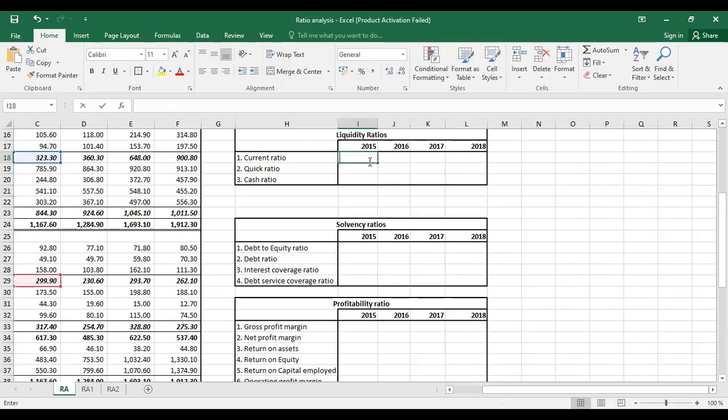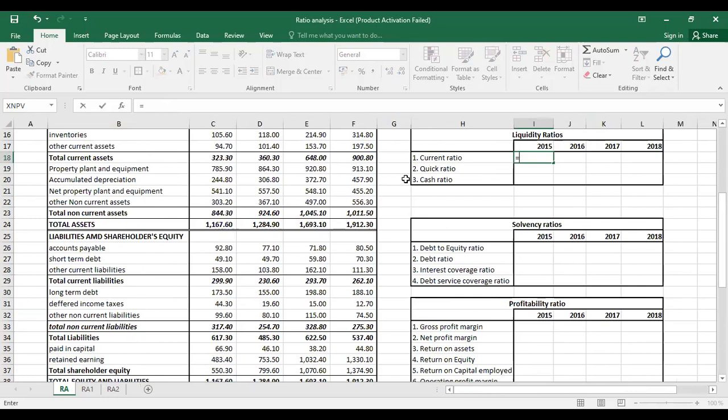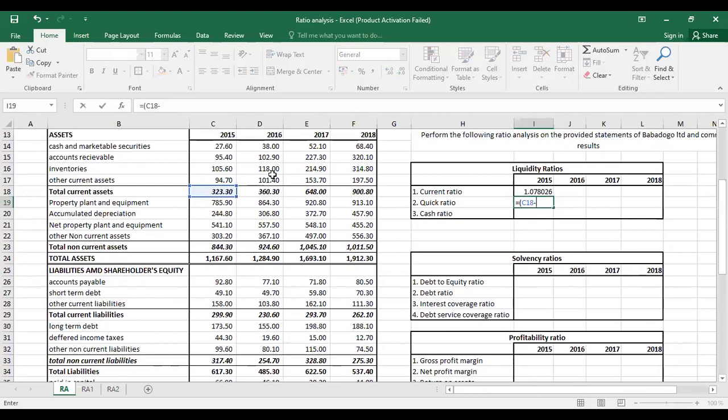So what I was saying, the current ratio is current assets divided by current liabilities. Then for the quick ratio, you start by opening your brackets, you take your total current assets less inventories, and you divide by current liabilities.